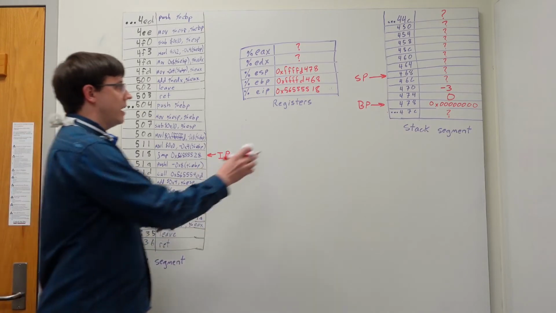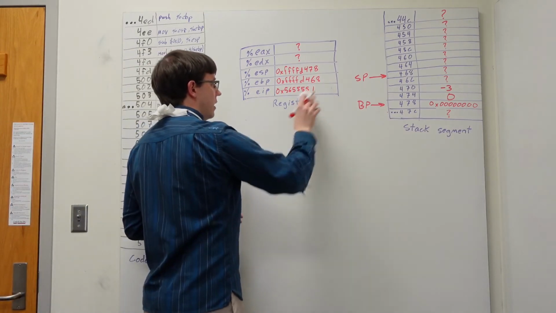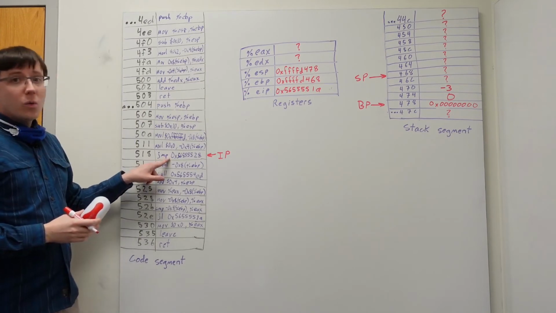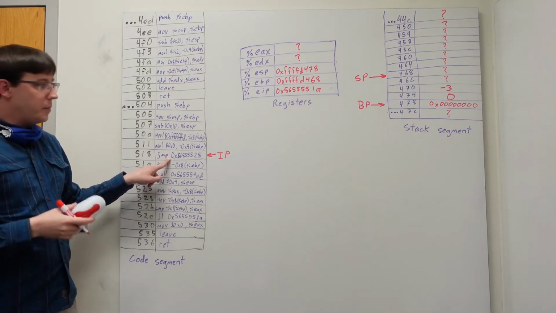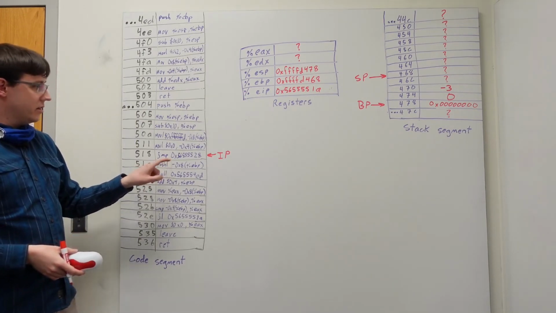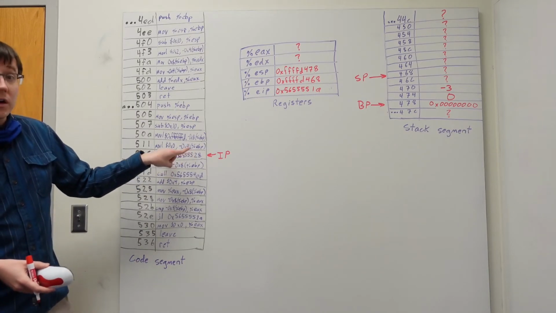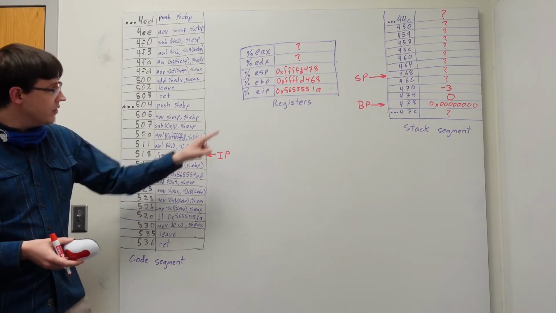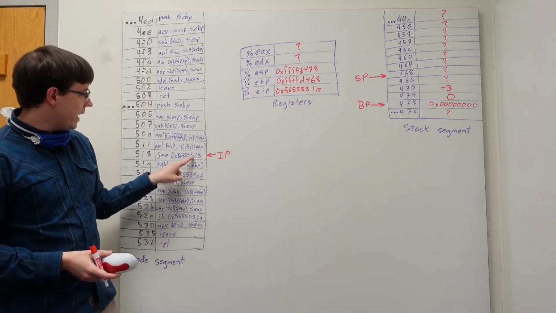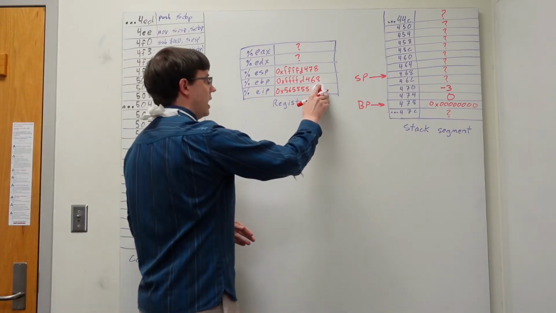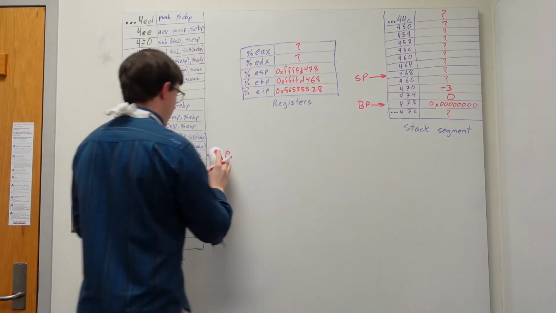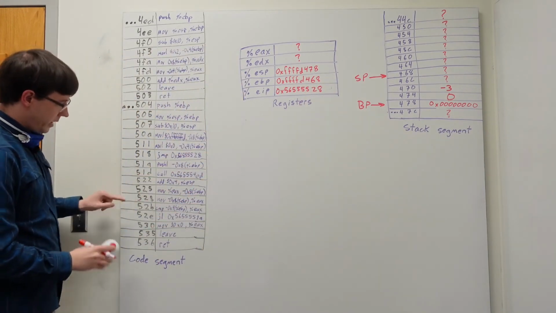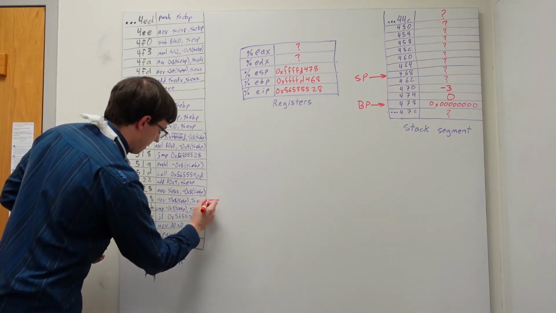So we get 51A in the EIP register. But then, when we jump, we are immediately overwriting the instruction pointer with the address that was stored in the jump instruction. So this gets copied into here, and so we have 528, meaning that our instruction pointer, rather than just incrementing by 1, has now jumped down to here.